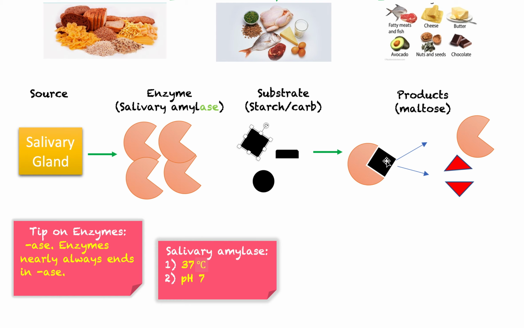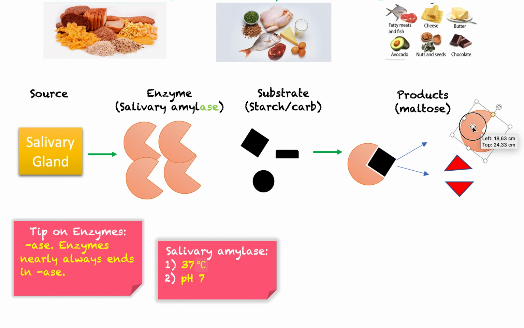And it's going to take specifically only the carbohydrates and break them down into something called the products. In this case, the starch or the carbohydrate will be broken down into maltose, as you can see here. Maltose is a smaller version of carbohydrate. It's a version that's broken down.